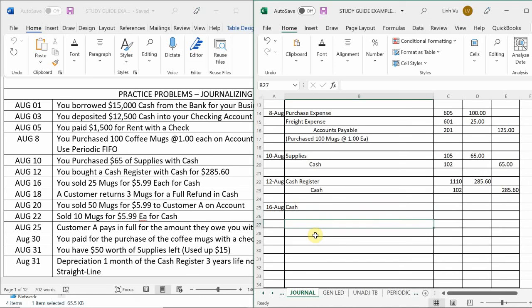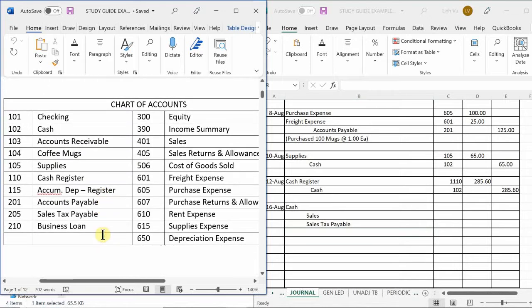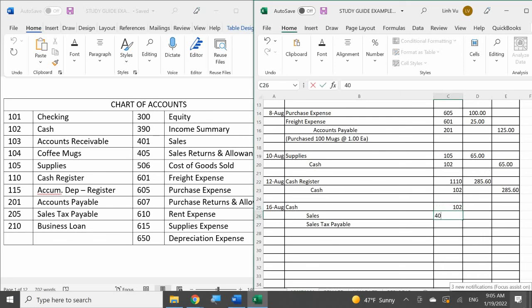So in this case, cash, sales, and sales tax payable. Cash is 102. Sales we have is 401. Sales tax payable is 205.